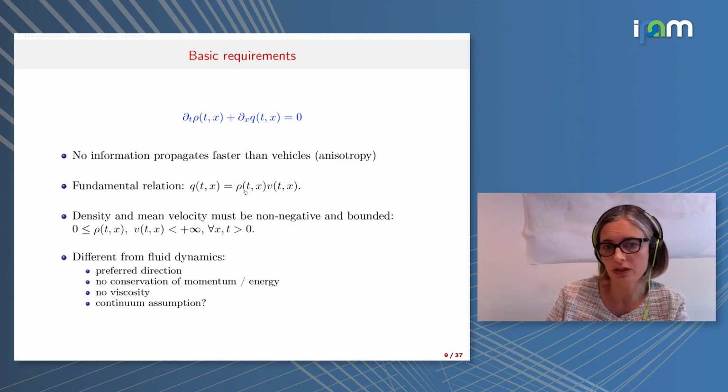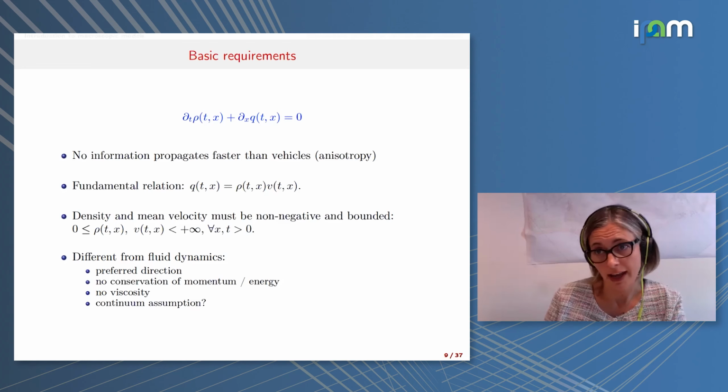So the flow is just the product of the density and the speed, so here I can replace q by rho times v. Of course, I want these quantities to stay positive and finite in time and space.